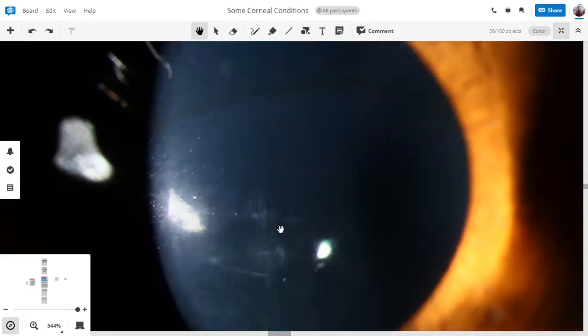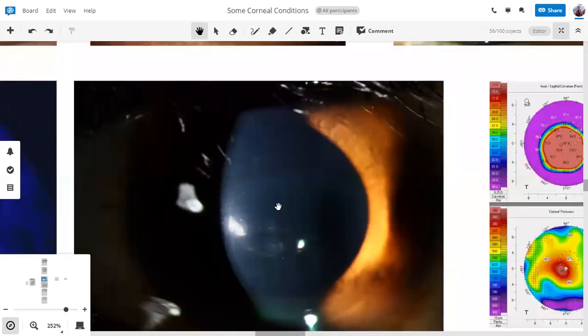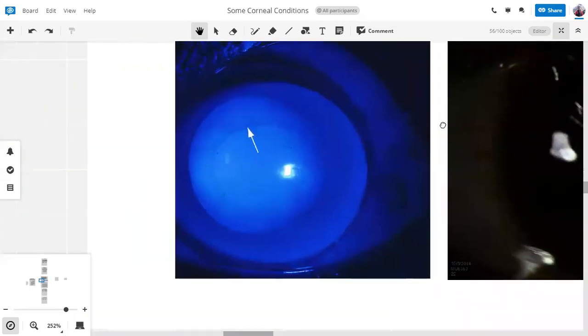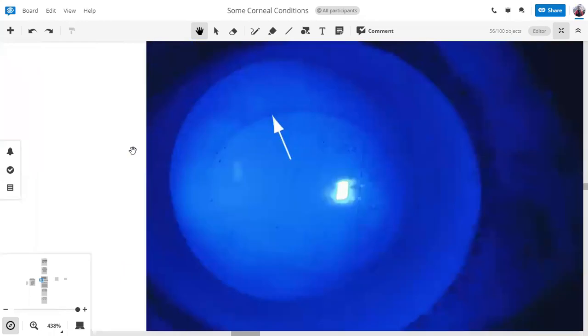There's a black line, a black horizontal line which is moving across. Now what I do is change the light from normal yellow light to cobalt blue light in the same eye.